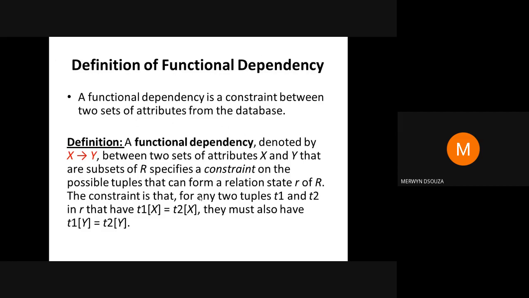So what is a functional dependency? A functional dependency is a constraint between two sets of attributes from the database.